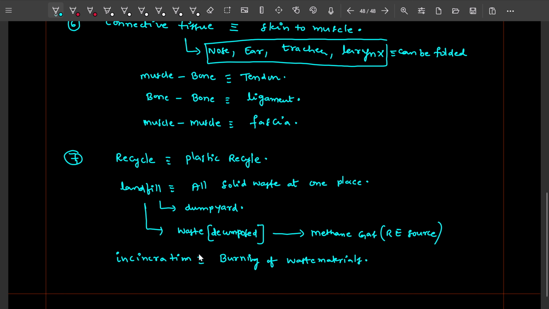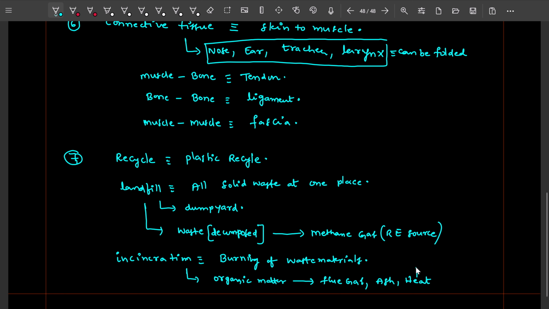What happens in incineration is that the organic matter is heated, and we get flue gas, ash, and heat from the burning of the organic matter.